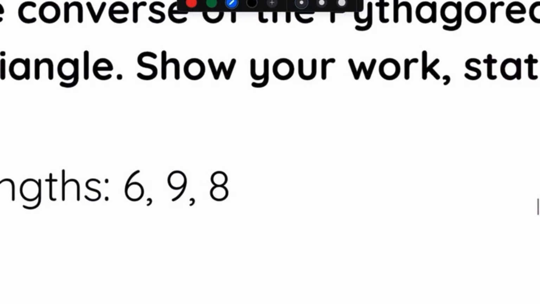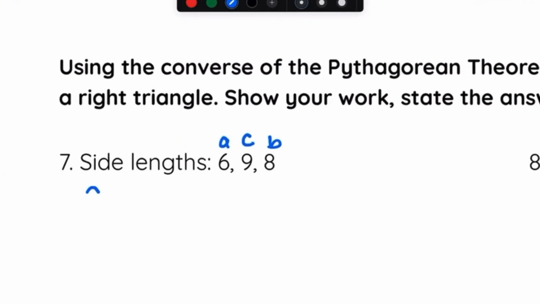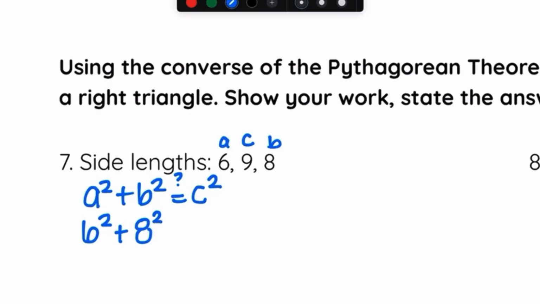You can just, your biggest side is going to be C, and then your other two are going to be A and B. So I have A squared plus B squared is equal to C squared. And so I'm trying to figure out, is this going to be true? So 6 squared plus 8 squared, I'm saying, is that equal to 9 squared?